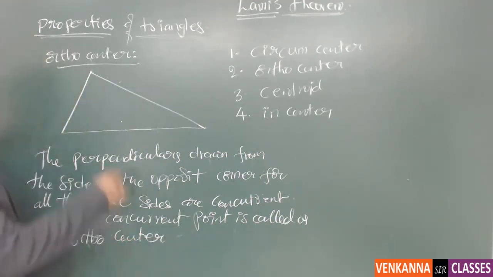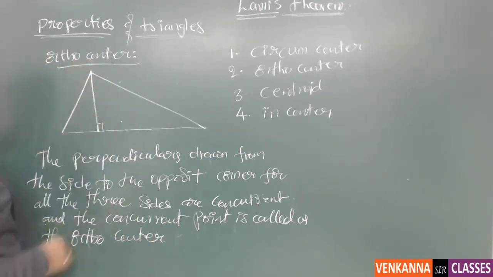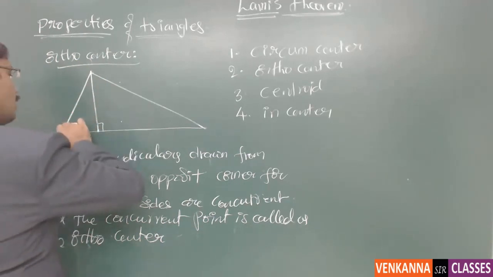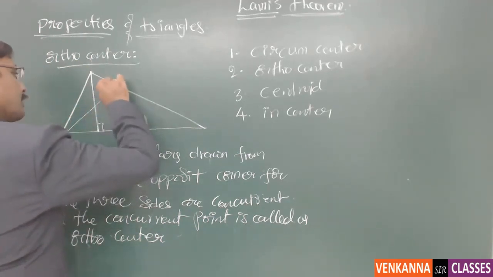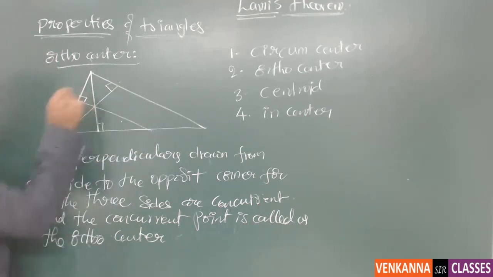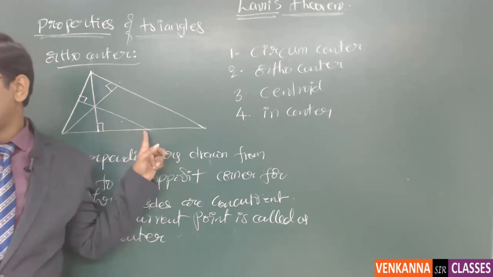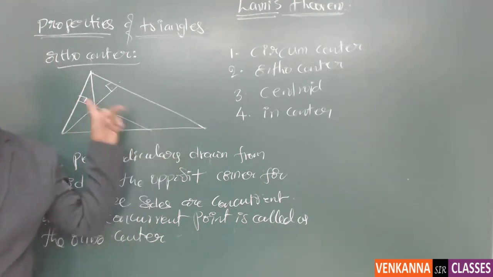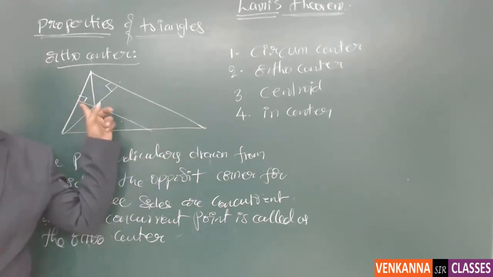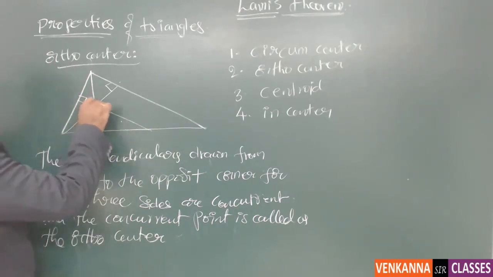Draw a perpendicular to this particular side like this, a perpendicular to the opposite side like this, and a perpendicular from here also. The only difference from the previous one is that it may not meet exactly at the midpoint. It may be somewhere else, but the condition is that it has to be perpendicular. So this center is called the orthocenter.